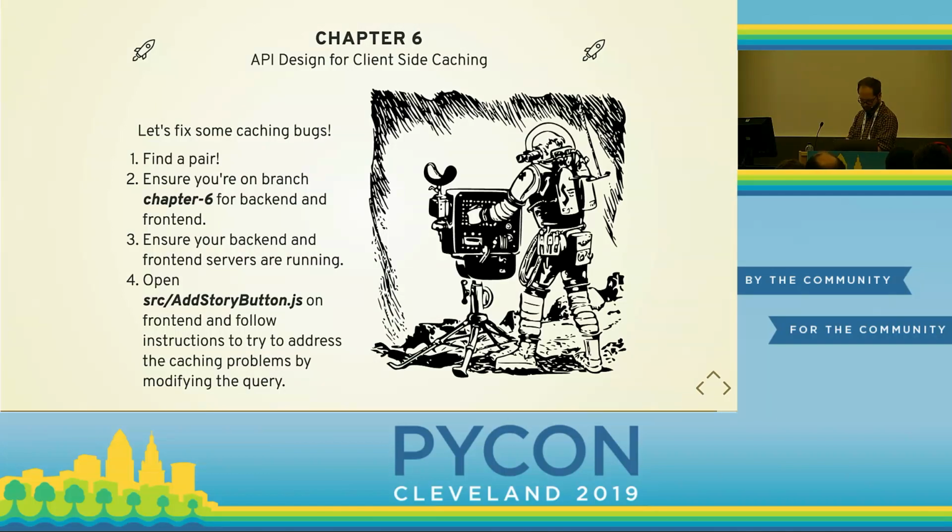So there's just one last little exercise. We have a front end for the application. If you check out chapter 6 for the back end and front end applications, you can have them both running.